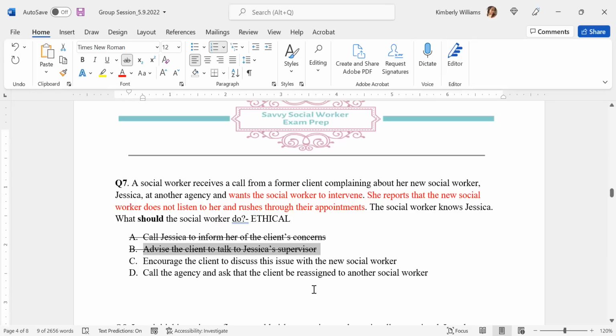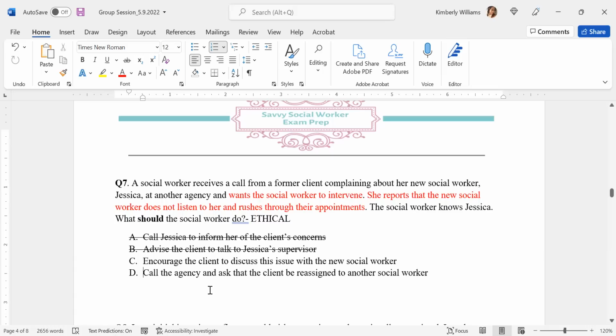Because, if I say why, I would kind of be giving the answer away that I think would be the answer. Okay, go ahead. Keep going then. What about C? I think that would be the proper thing to do. Okay, tell me why. Well, it's putting the social worker in an uncomfortable situation, with a former client complaining about her new social worker who works at a totally different agency.